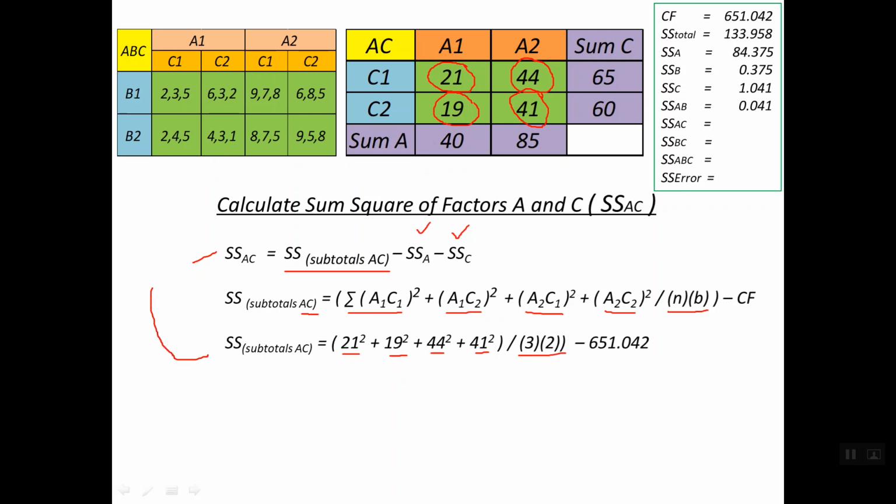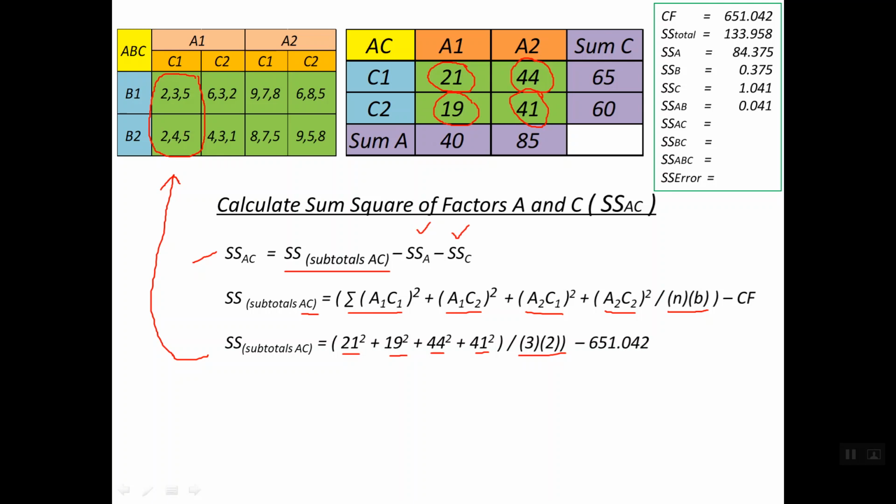Let's again count the total observations from the main table. Let's say, for example, let's calculate it for A1C1. What is the meaning of A1C1? A1C1 represents all of these observations. Notice that we ignore both B1 and B2 in this process.